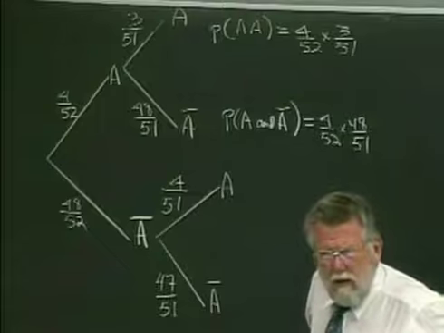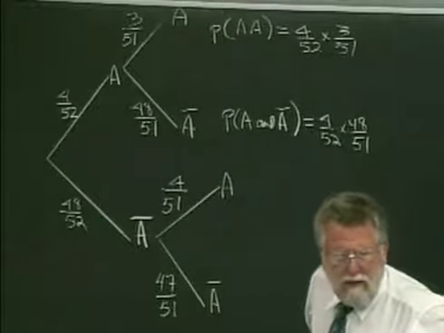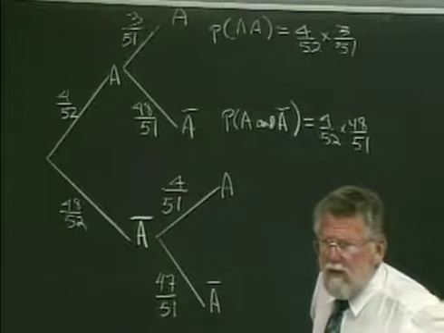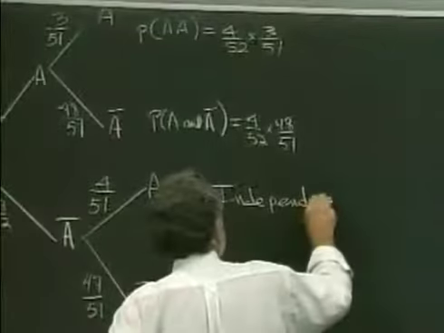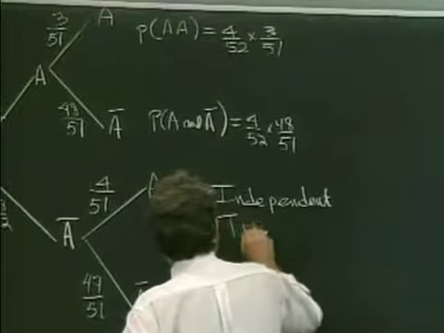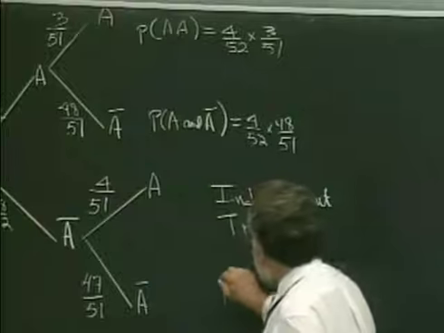Now there's another wrinkle here that I need to introduce as we look at this tree diagram, and that's the idea of independence. Coming back to the document cam, the head in the first toss versus the head in the second toss, those are independent trials. So I'm going to contrast independent trials, a trial is just a repetition, versus dependent.